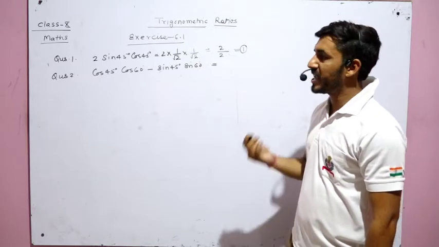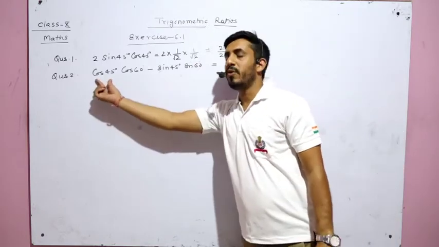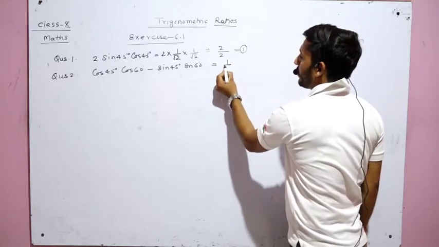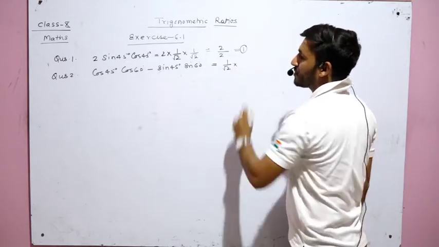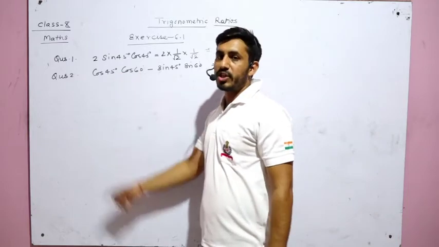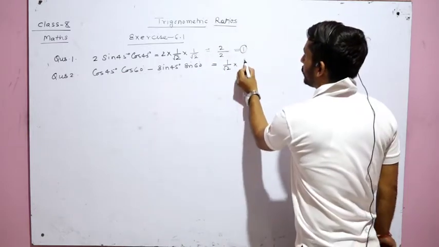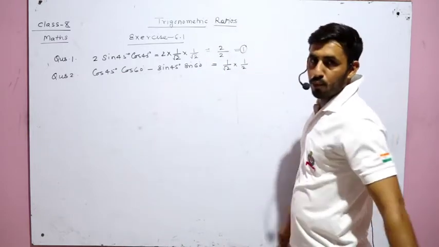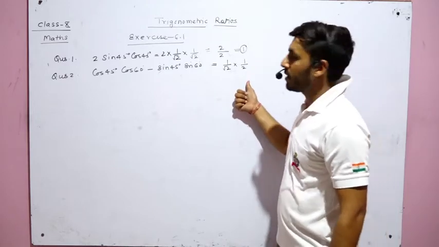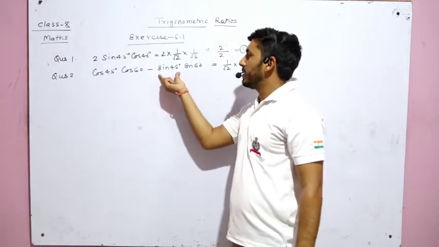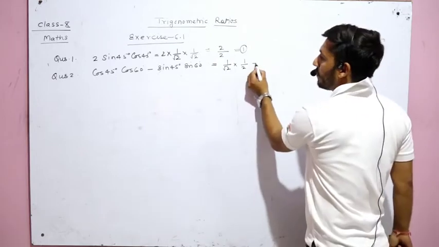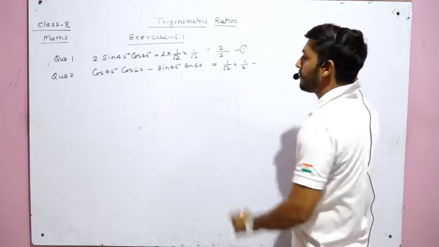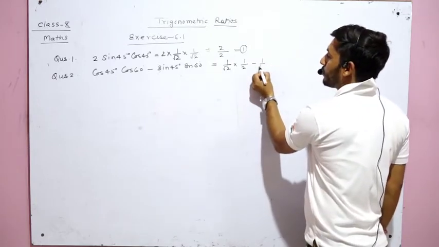As you see in the table, the value of cos 45 is equal to 1 by root 2, multiplied by the value of cos 60, which is 1 by 2. In the next part, the value of sin 45 is 1 by root 2.